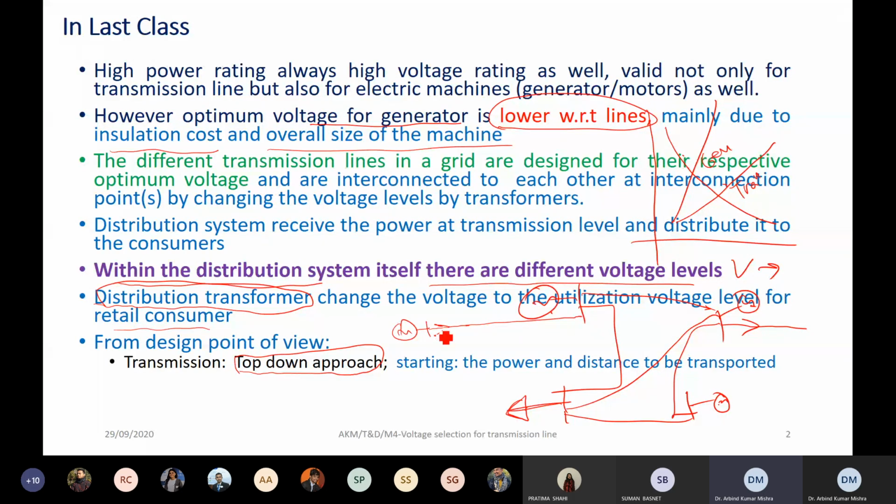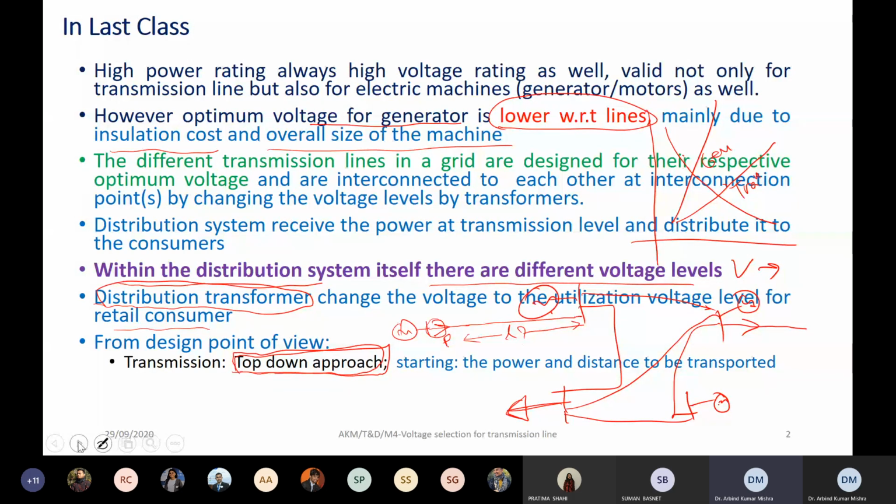So the starting point is how much power P has to be transmitted over how much distance. That is the basic philosophy for transmission line design.